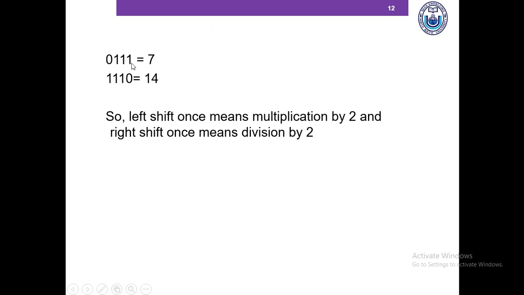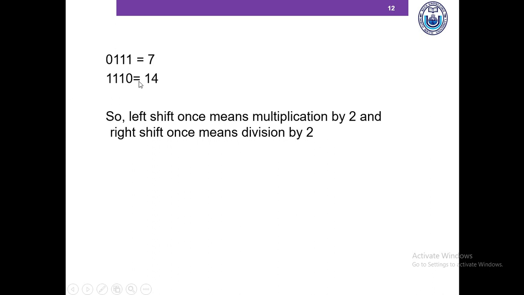If we shift the number to the left, we move each bit one position over, and the vacant position we set to 0, and we end up with a number called 14. So left shift once means multiplication by 2.